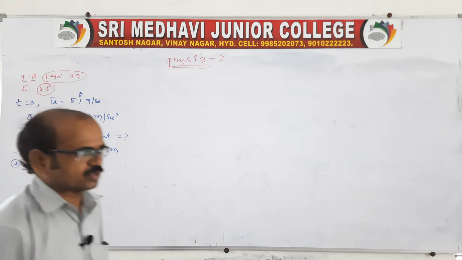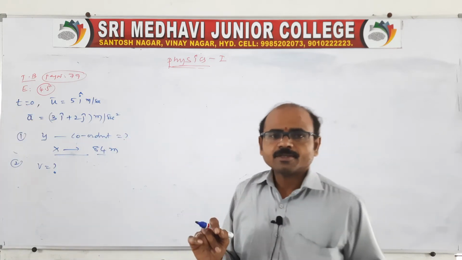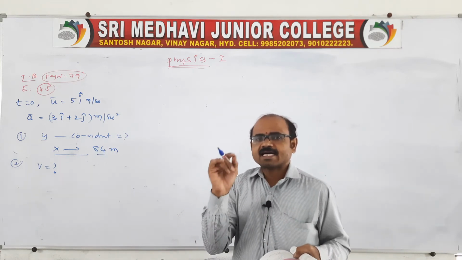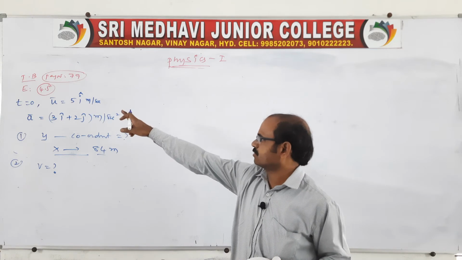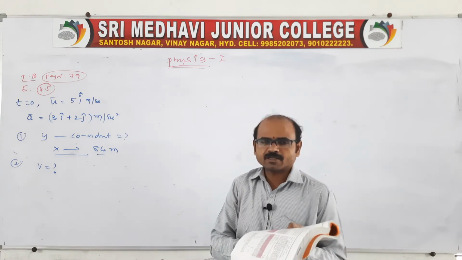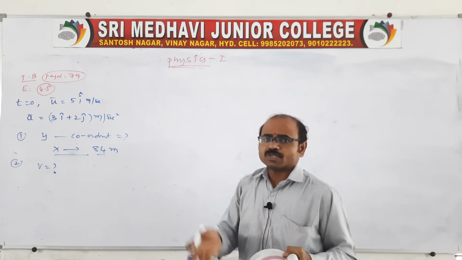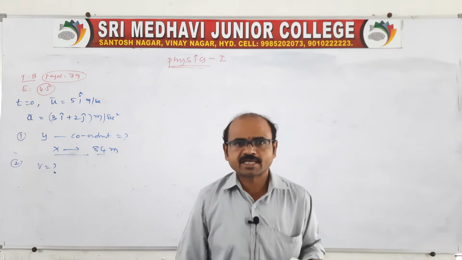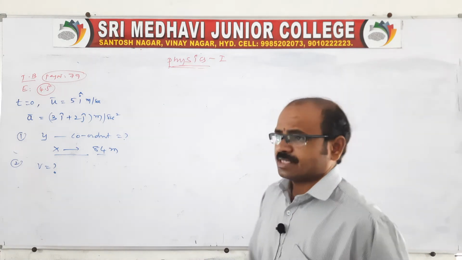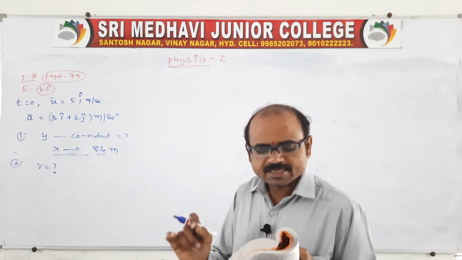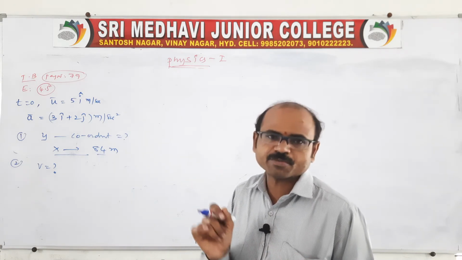Once again I will explain the question. In a plane, the particle at time t is equal to 0 starts with velocity u is equal to 5 i cap meter per second in the given xy plane. It is moving with a constant acceleration of 3 i cap plus 2 j cap. Then find the y coordinate of the particle at the instant its x coordinate is 84 meter.